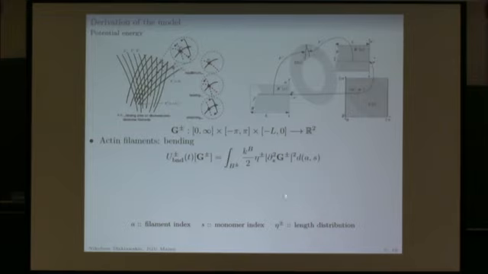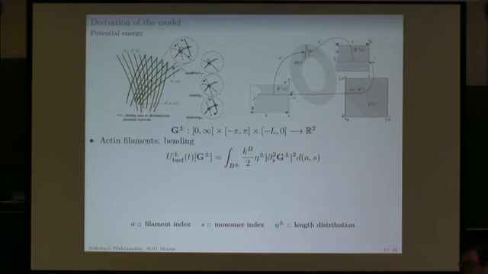And we include that in the model by considering a Kirchhoff energy potential that you can see here via the square of the second derivative. The bending energy of the full system of all the filaments can be included and is included in the model by integrating over both families in both variables. The variable that counts the index of the filaments and the variable that counts along the filaments. In effect, counting all the bending energy of the filament.